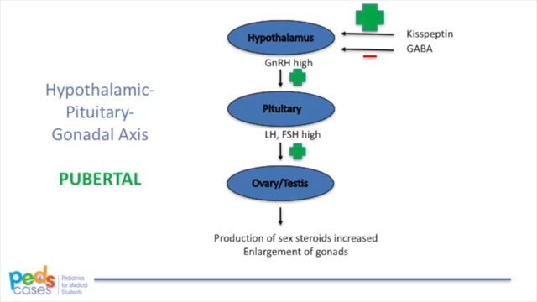Nevertheless, ultimately, more sex steroids are made in the gonads. The gonads themselves also increase in size due to the direct stimulation of LH and FSH. We cannot appreciate as readily the enlargement of ovaries in a girl because we cannot see them, but we can see and measure the growth of the testes in a boy.